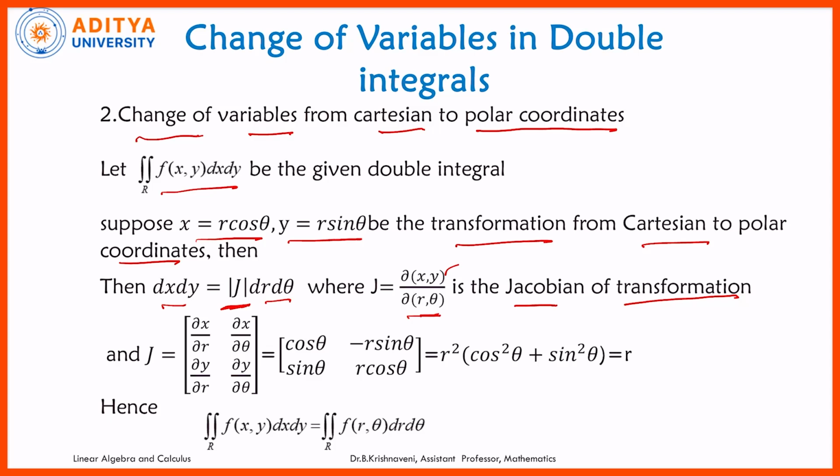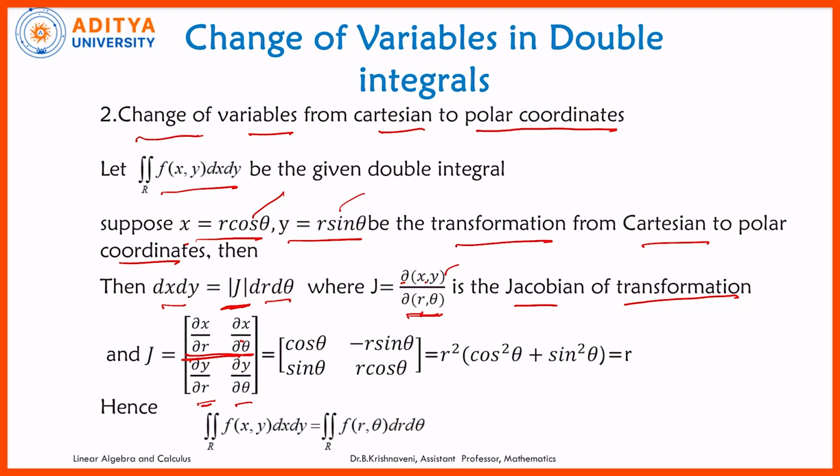And here we all know that dou of x comma y by dou of r comma theta can be written as a determinant. The first row is dou x by dou r, dou x by dou theta. The second row is dou y by dou r, dou y by dou theta. Here x is equal to r cos theta, y is equal to r sin theta.